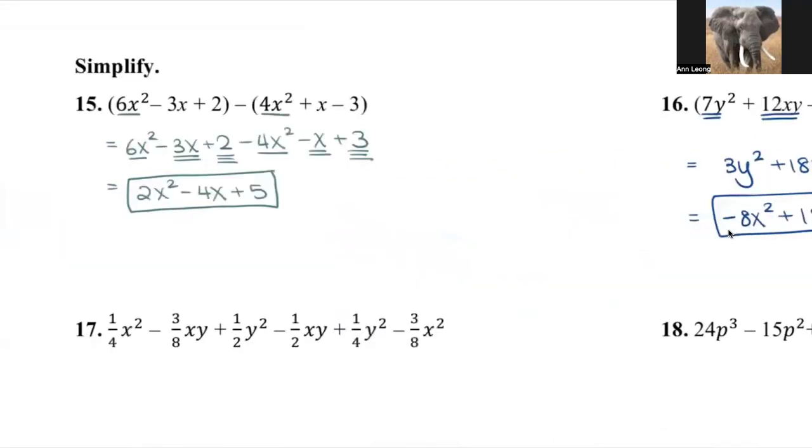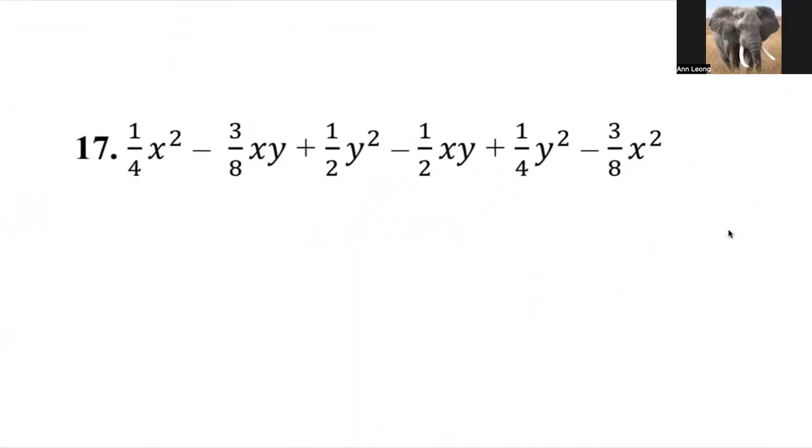All right, number 17. Ooh, a bunch of fractions. For this one, I'm going to go ahead and combine what I can see. I got my x squared term and my x squared term. Get that common denominator. This is going to be 2 over 8. So that's going to be negative 1/8 x squared.